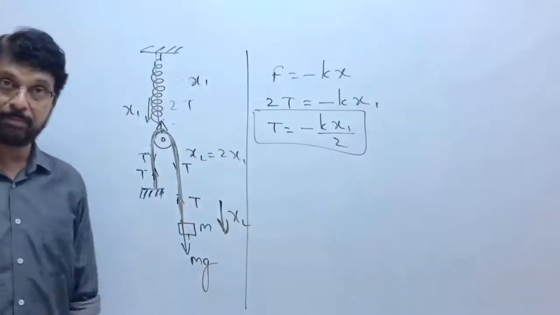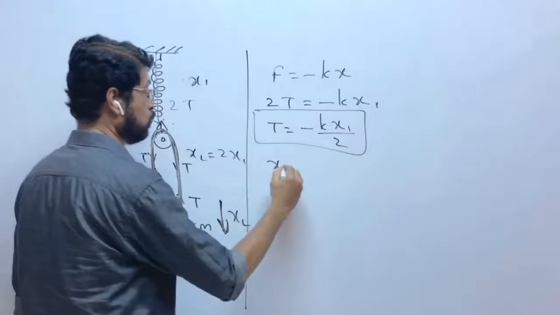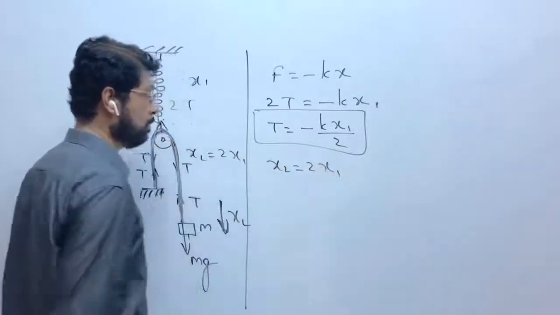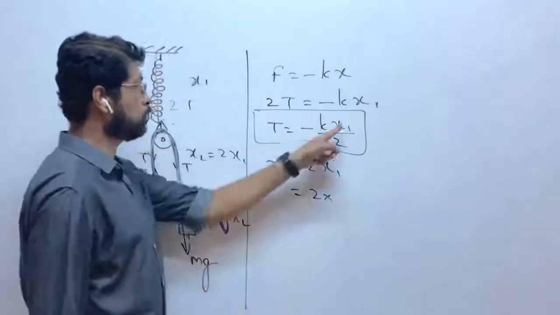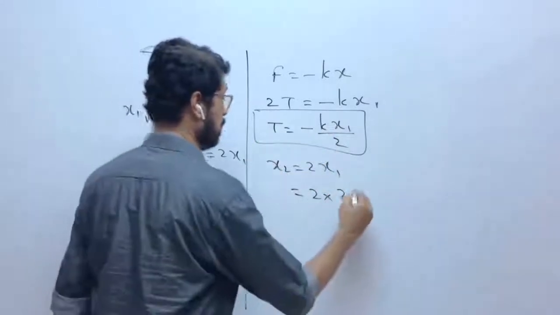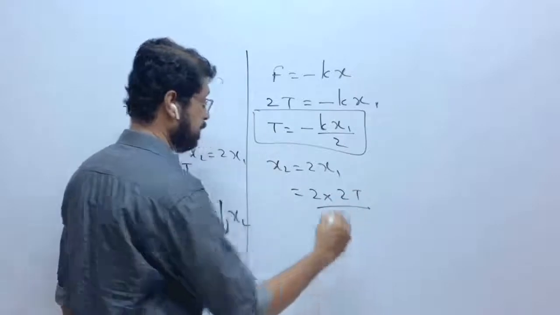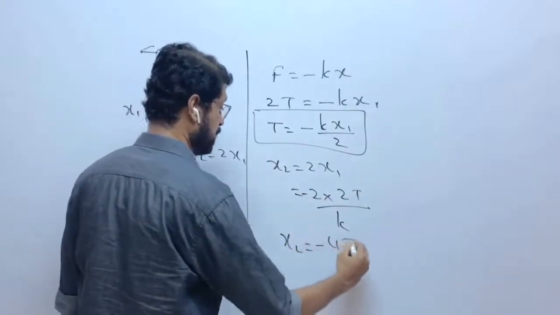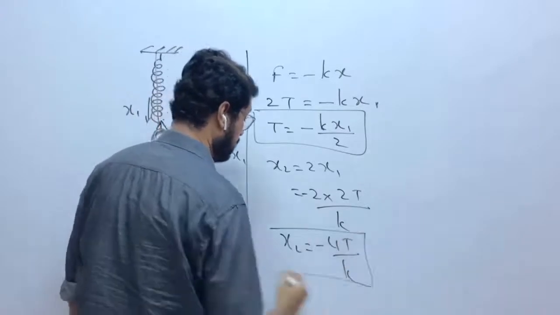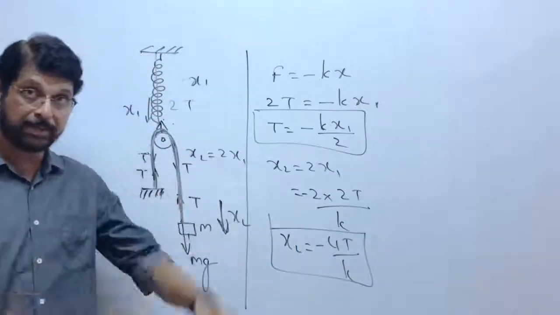Twice x1. So x2 is equal to twice x1, that is 2 into x1, which will be 2T upon k, so with the minus, x2 will be minus 4T upon k. Have a look at it.